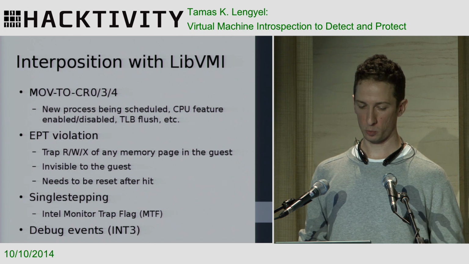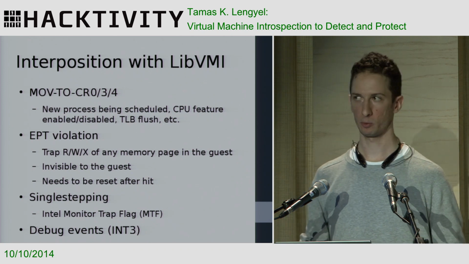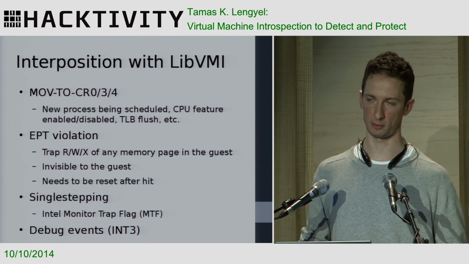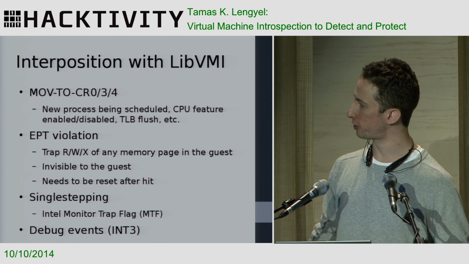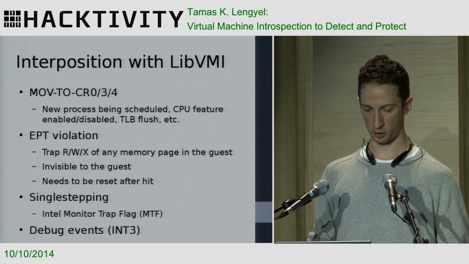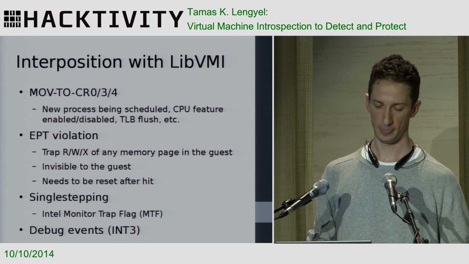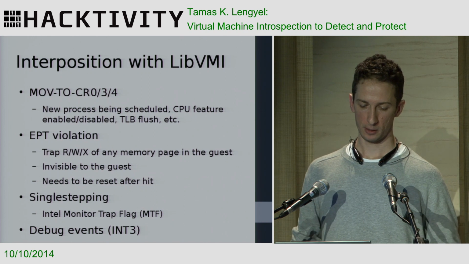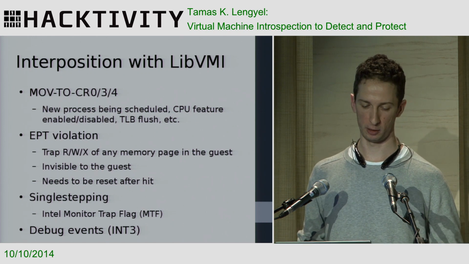Right now, Xen and LibVMI trap four types of events, which, as you can see, is a subset of all the events that you can trap. But even just with these four types of events, you can do a lot. For example, there are instructions called move to CR registers. These registers are used by operating systems to control different aspects of the hardware.